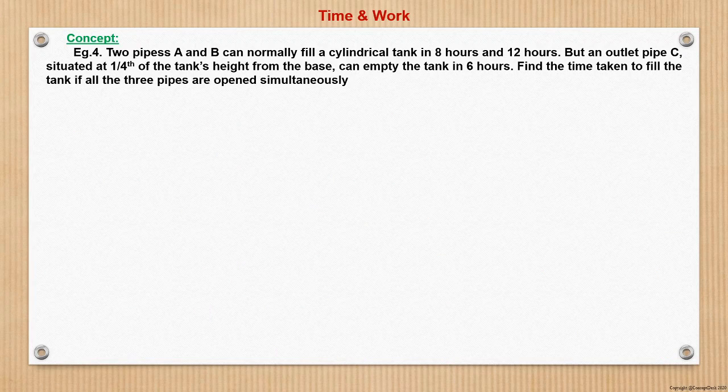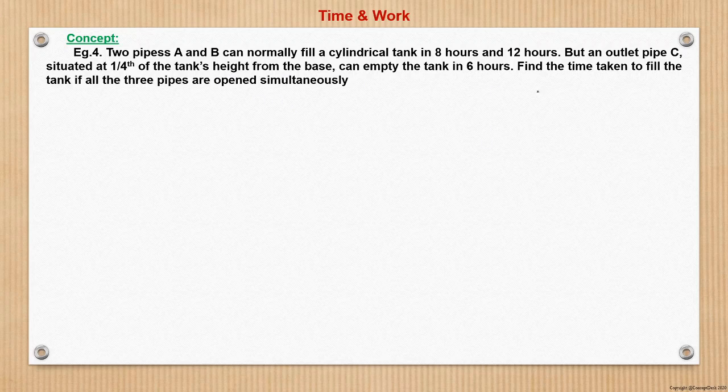Now moving to question number 4. Question 4 says that two pipes A and B can normally fill a cylindrical tank in 8 hours and 12 hours, but an outlet pipe C, situated at 1/4 of the tank height from the base, can empty the tank in 6 hours. Find the time taken to fill the tank if all 3 pipes are opened simultaneously.